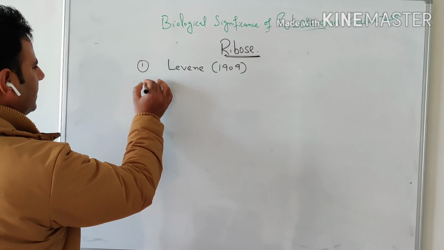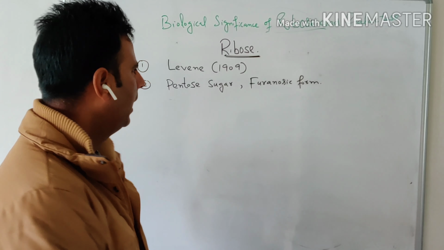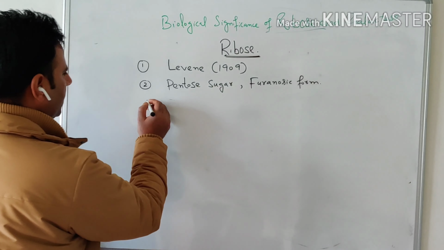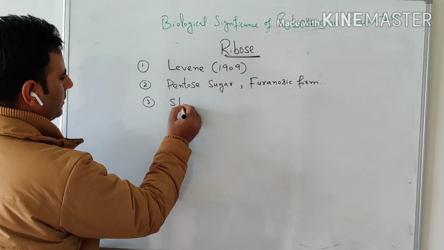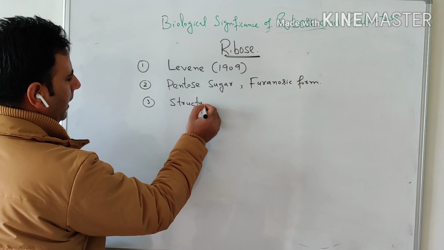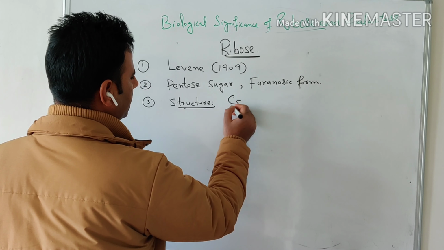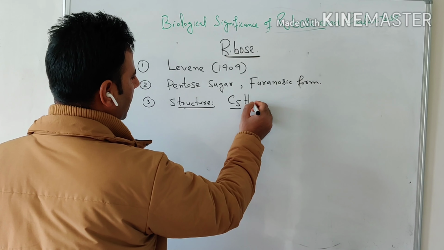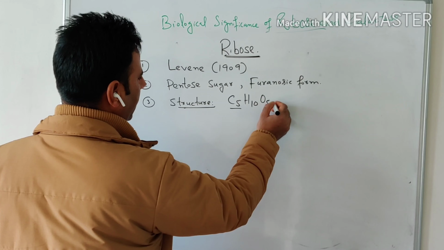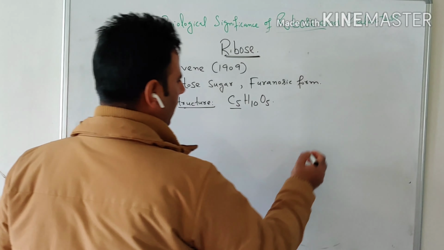Because C5 and C6 monosaccharides are stable in ring structures, and the possible ring structures are pyranosic and furanosic. This is stable in furanosic form. When we see the structure of ribose, the formula is C5H10O5.